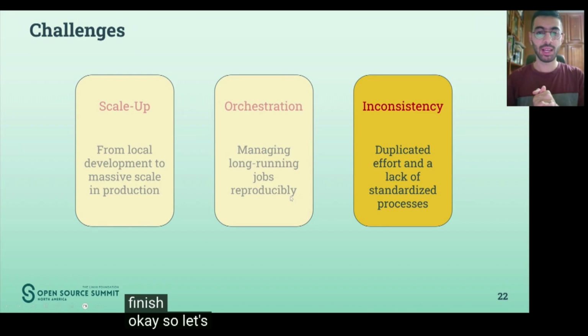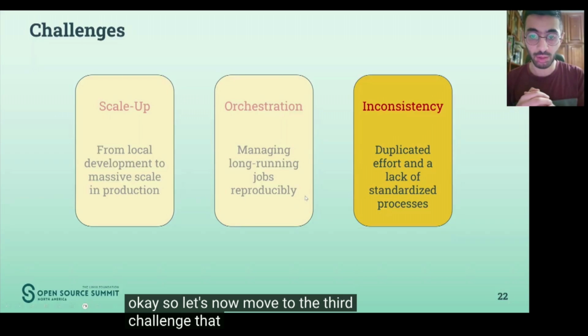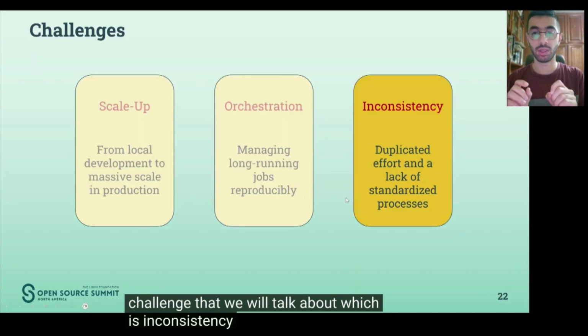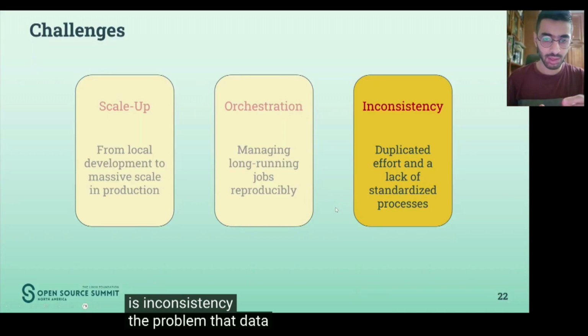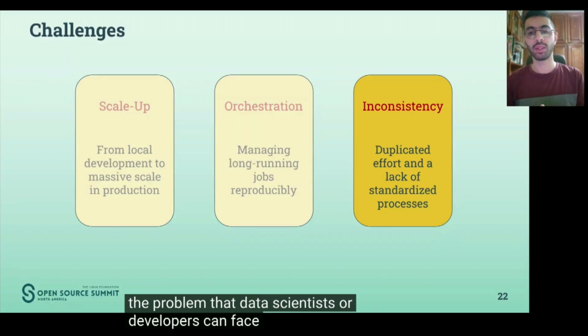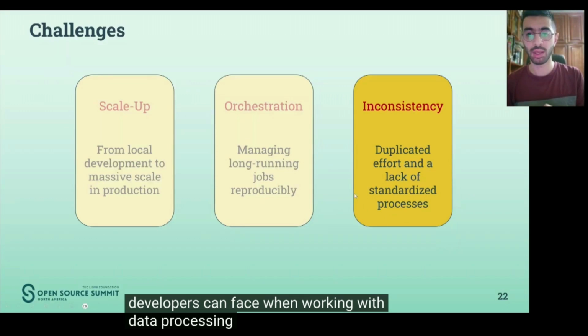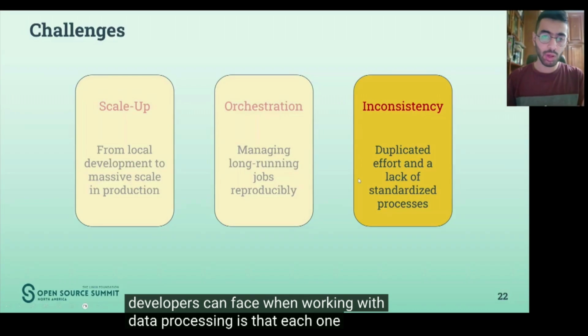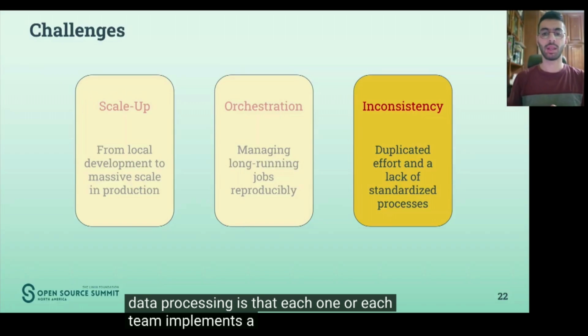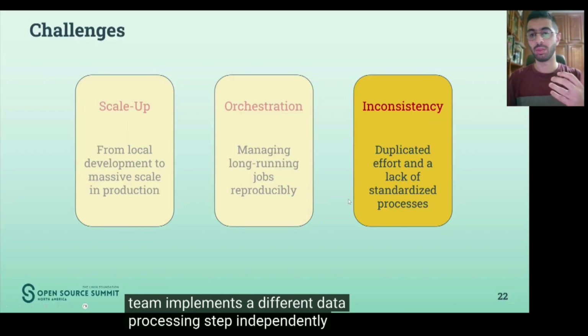Okay, so let's now move to the third challenge that we will talk about, which is inconsistency. The problem that data scientists or developers can face when working with data processing is that each one, or each team, implements a different data processing step independently.